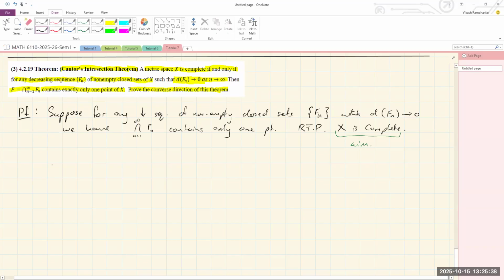So we're going to consider a Cauchy sequence in X. Consider a Cauchy sequence Xn in X. Okay.